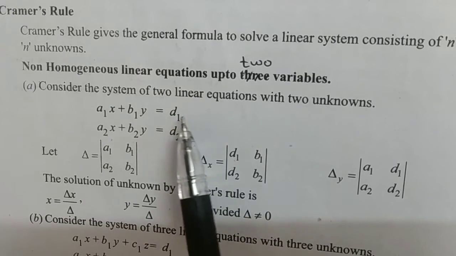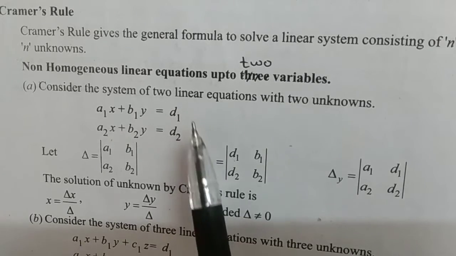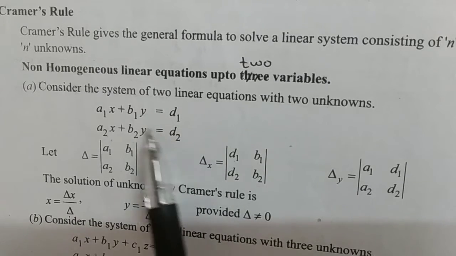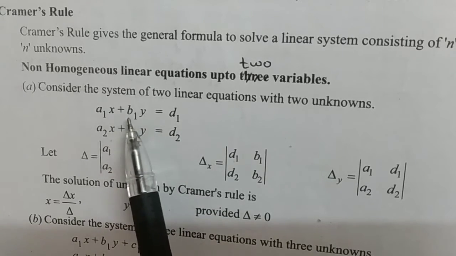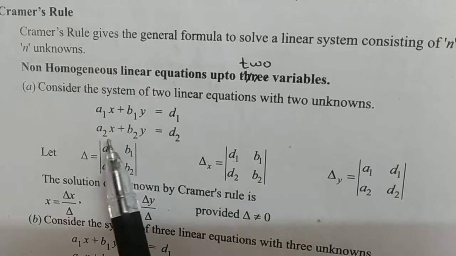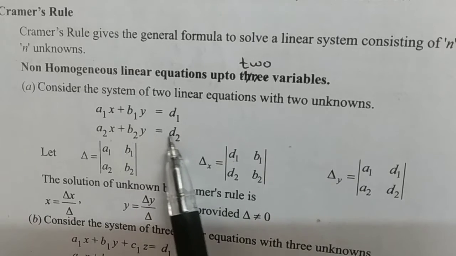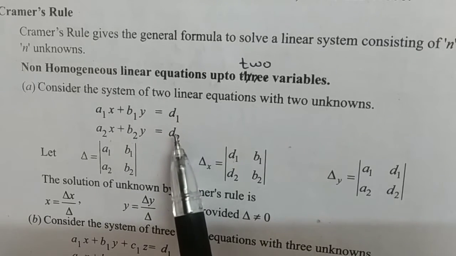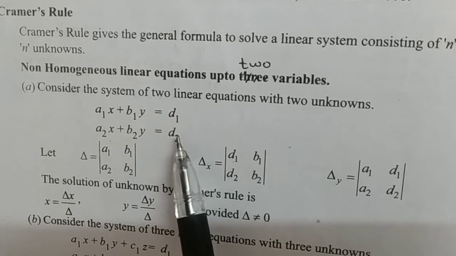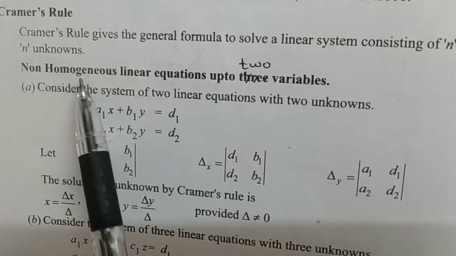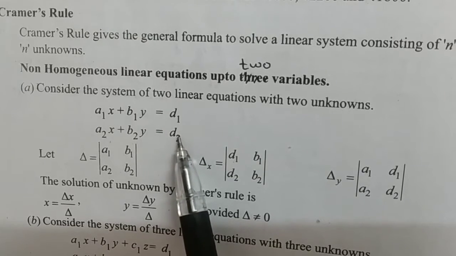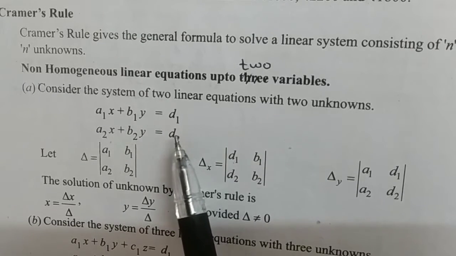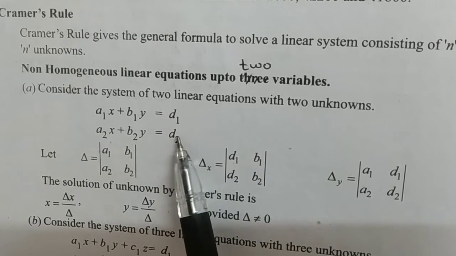If instead the constant terms are both equal to 0, that is a1x plus b1y equal to 0 and a2x plus b2y equal to 0, then it is a homogeneous equation. Equal to some non-zero constant term means it is a non-homogeneous linear equation.